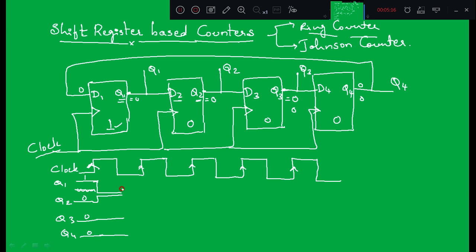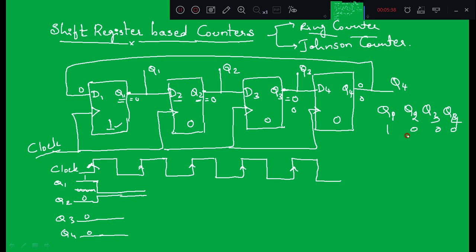So now this is the first state. Sorry, I took Q1, Q2, Q3, Q4. Initially Q1 was high and the rest are all 0. This is the initial state of the counter, right?